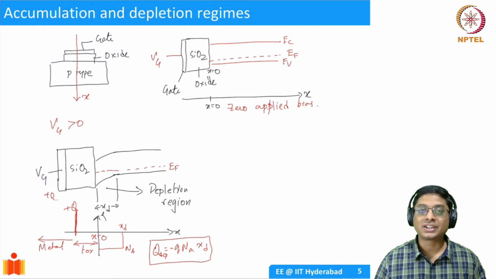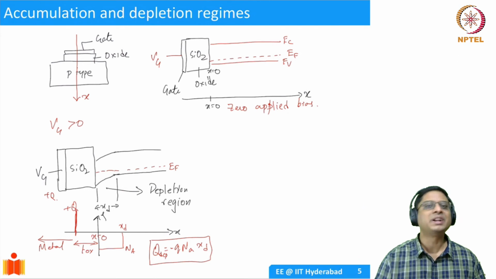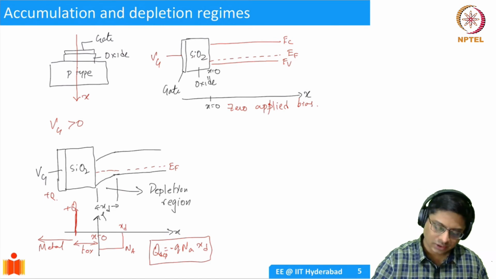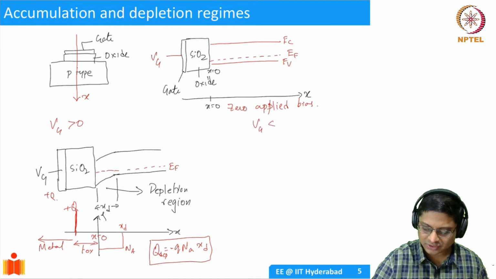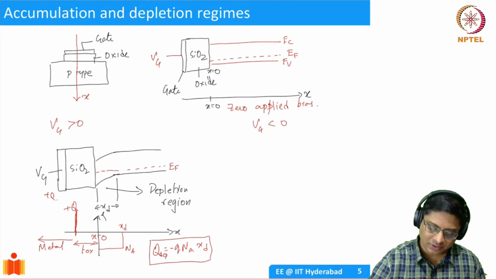What happens in the accumulation regime? For accumulation regime, we said that it's a P-type semiconductor in the substrate. So if you want to have more holes, you need to put a negative voltage on the gate. So VG less than 0. What happens now? Again, the same things.